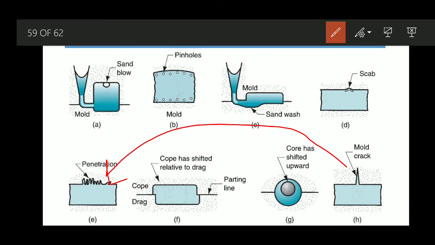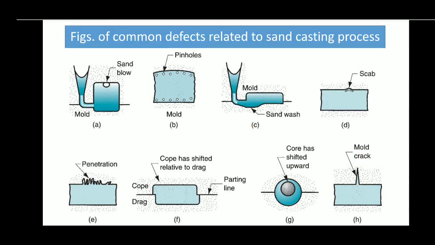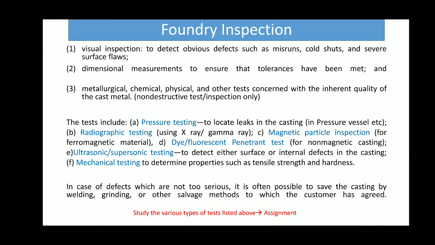But in case of penetration, due to the high fluidity, it may flow anywhere. In case of the mold crack problem, wherever the mold has a crack, the liquid metal will flow in that direction and give some shape which was not intended. So these are some of the casting defects which are only there in case of sand casting.